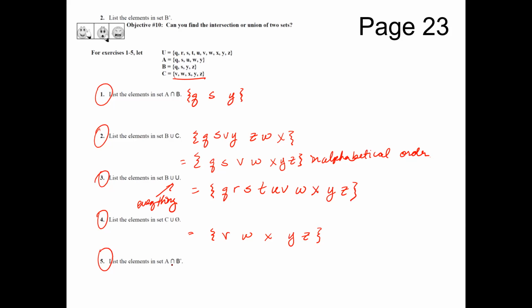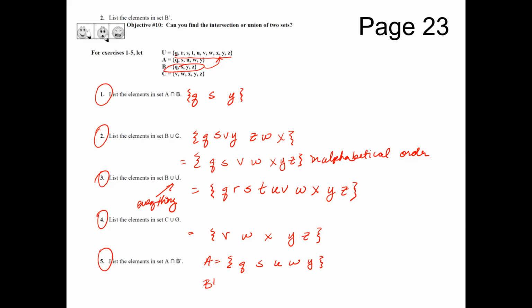Number 5 asks you for A intersection not B. So let's list the sets. A is going to give you Q, S, U, W, Y. Not B means what is in U that is not in B. So you're looking at this part here.